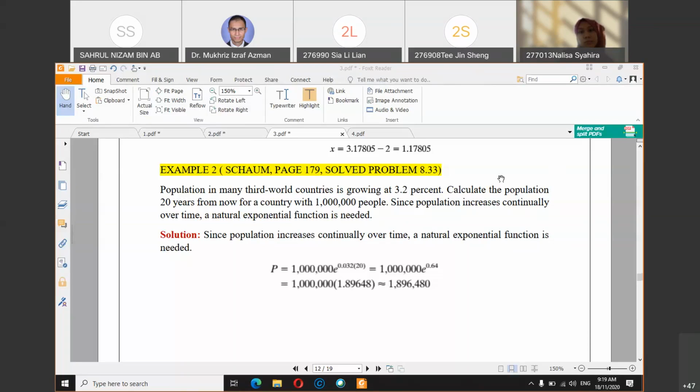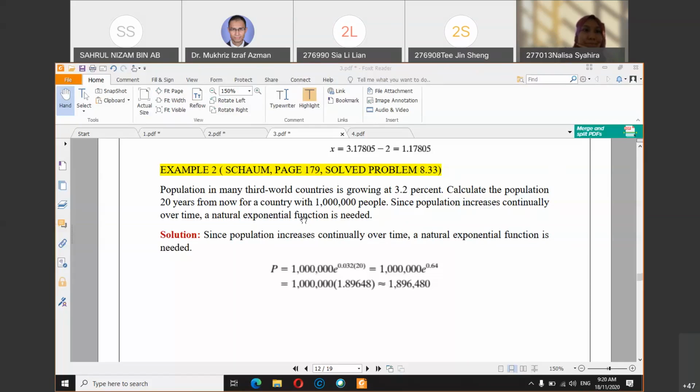Is it 1,000 or 1 million? I think this example is quite simple.